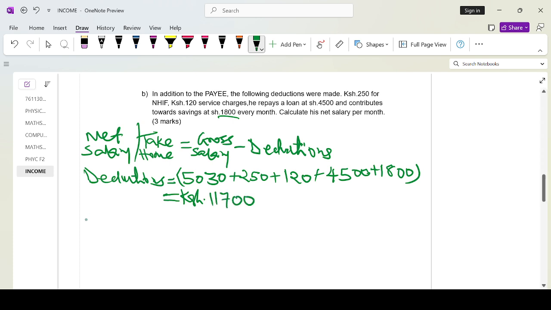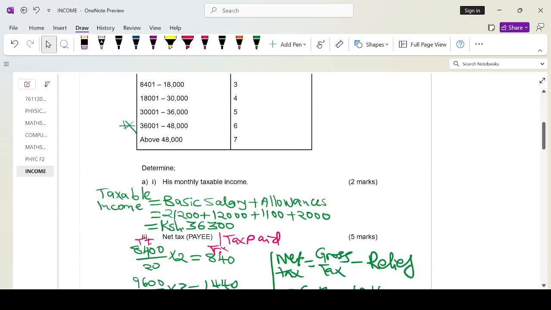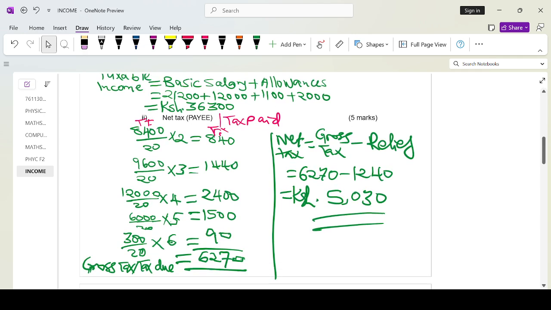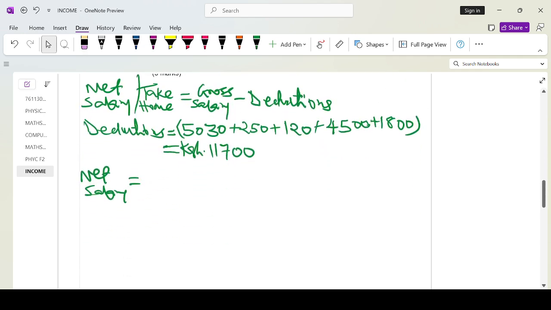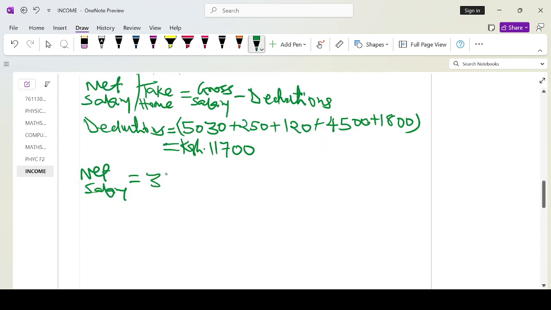Then now you come and say my net salary, which we also call the take home, is given by the gross salary, which you obtained as our taxable income, in this case 36,300, minus all the deductions, 11,700.